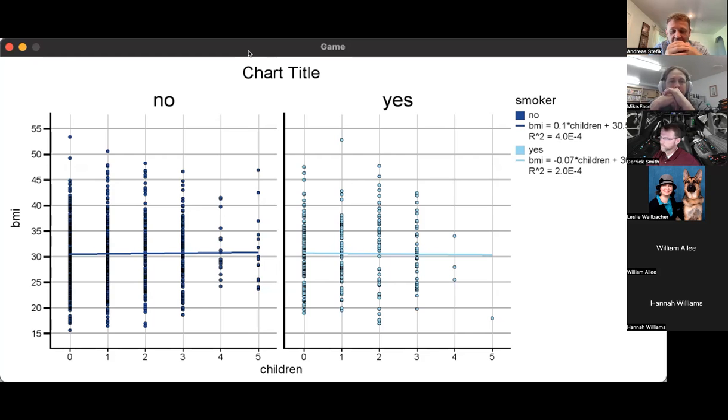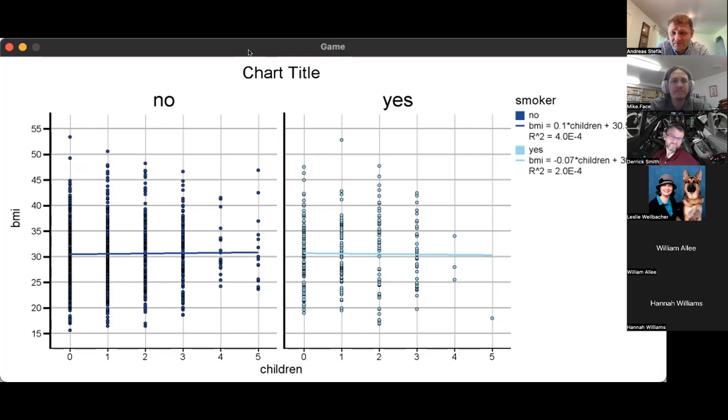In this particular case, with children and BMI, do we think smoking is impacting this relationship or not? To orally describe, on the left-hand side you see the relationship go up a smidge for no, and maybe down a smidge for yes, but it's a pretty small difference in the trend lines, and there's a lot of dispersion.